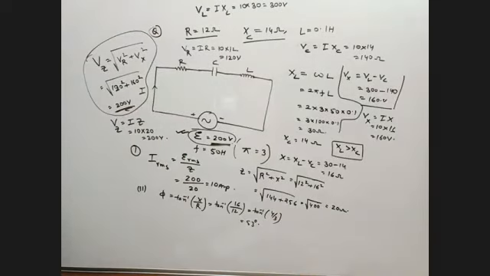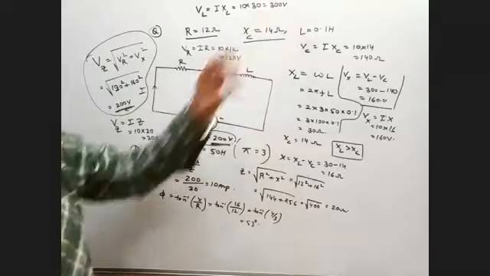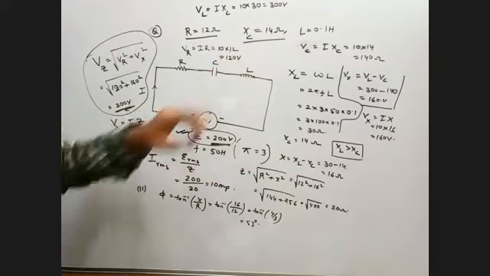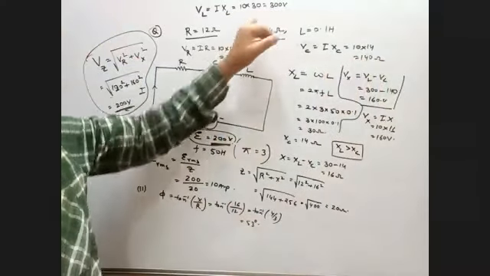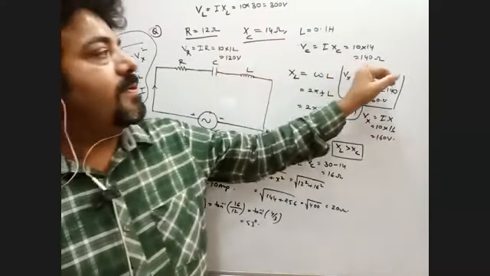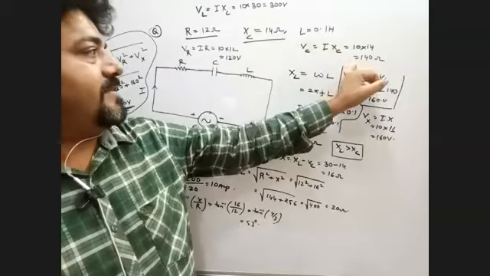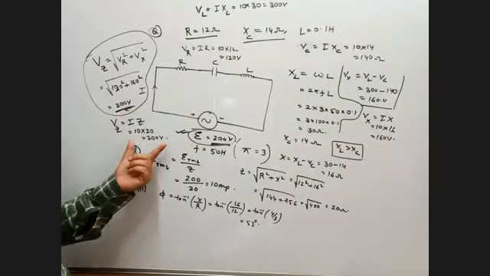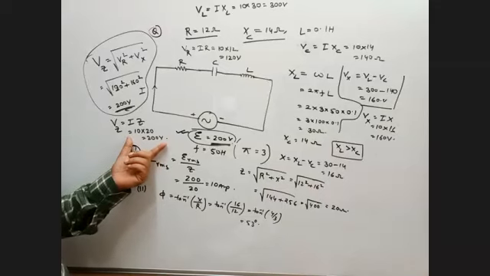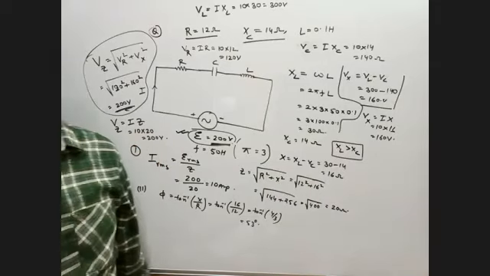Now if you sum VL is 300, VR is 120, and VC is 140, that is 300, 420, 560. But your actual value is 200. Why so?